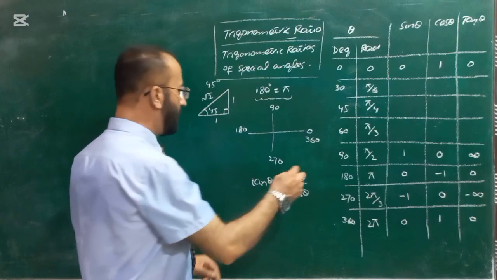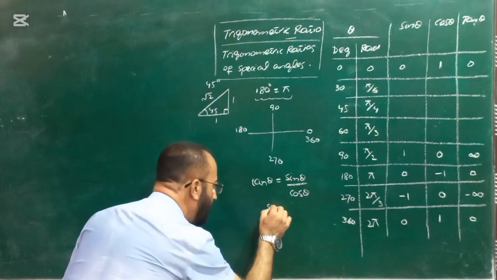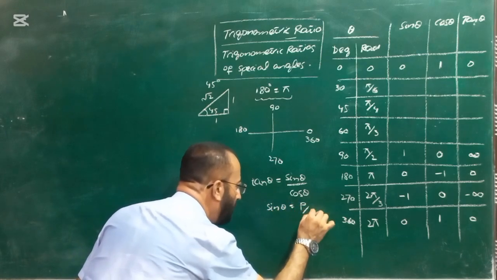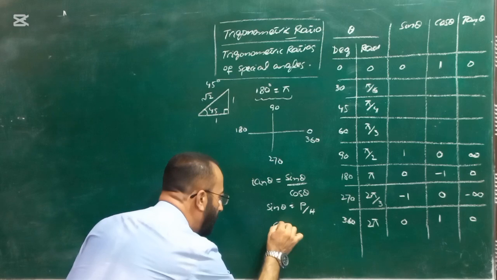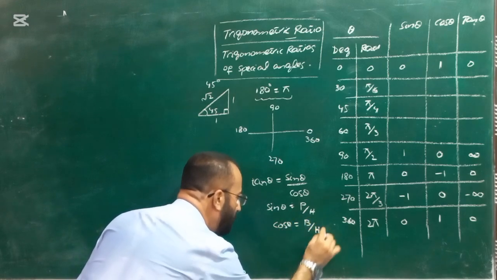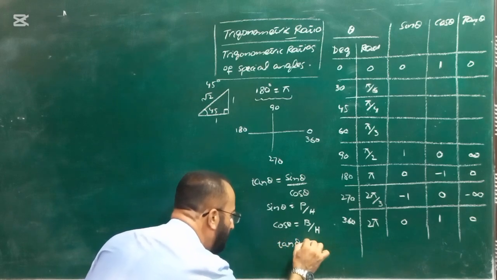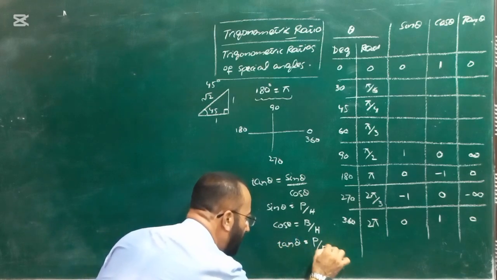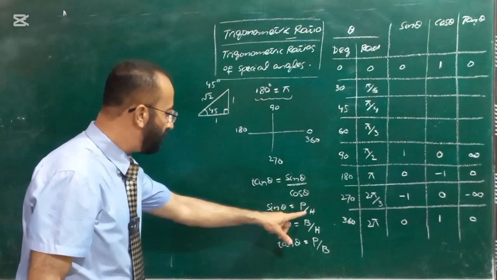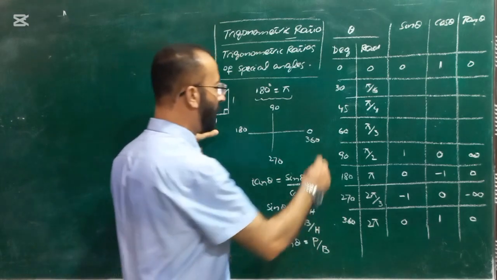So look now, sine theta is perpendicular over hypotenuse. Cos theta is base over hypotenuse, and tan theta is perpendicular over base. Because sine theta is perpendicular over hypotenuse, the answer will be 1 over square root 2.